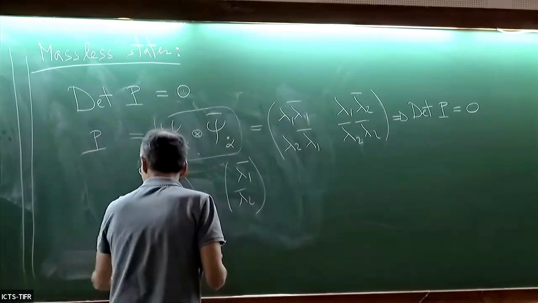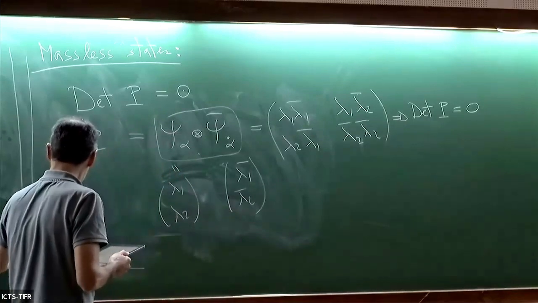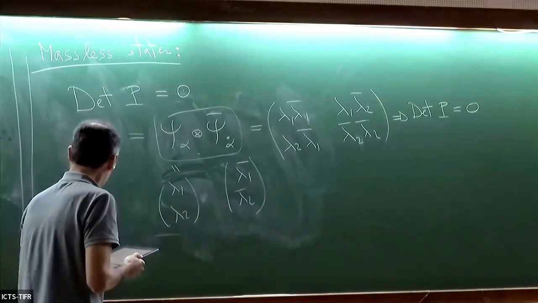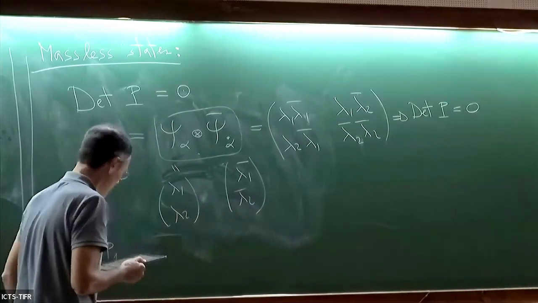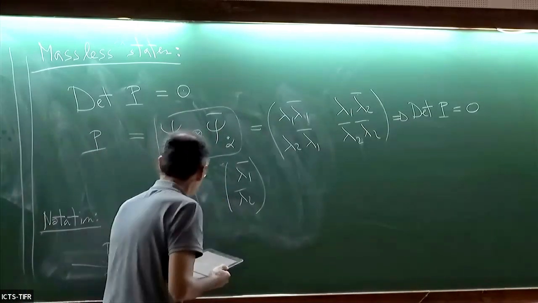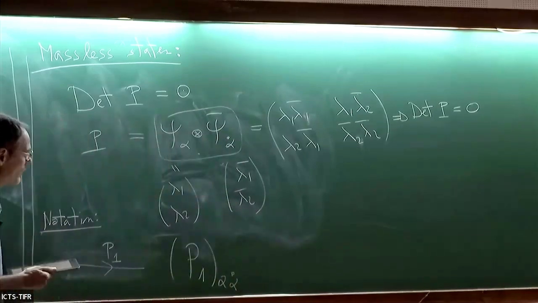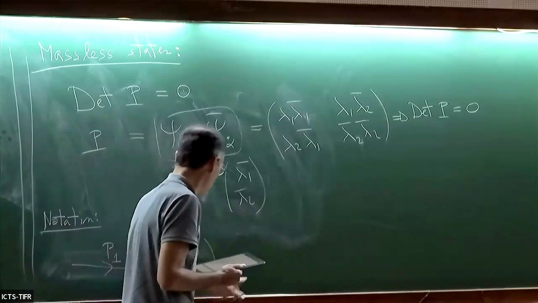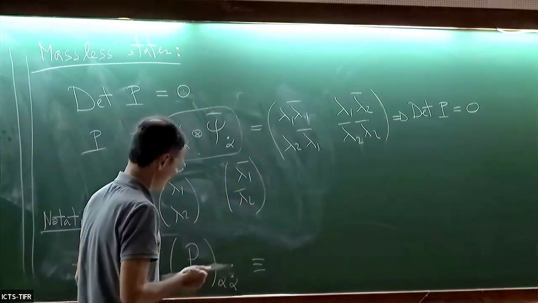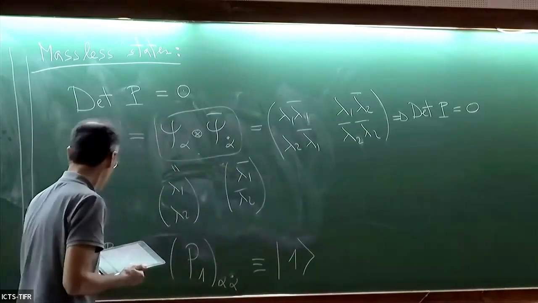The notation people use: if I have a particle of momentum P1, we will have this P1 matrix. We don't talk anymore of P1 mu, but the P1 matrix with indices alpha, alpha dot, and now we write it as spinors.